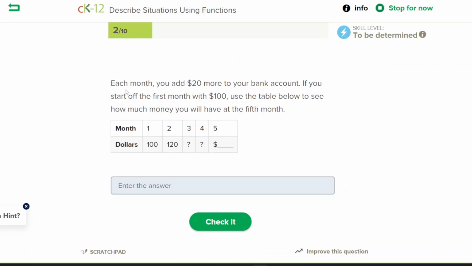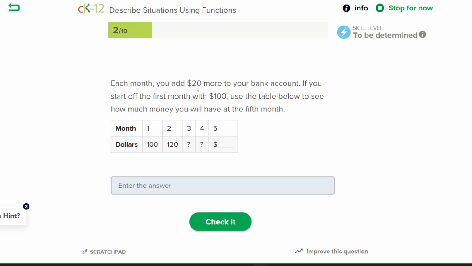Okay, so here's another situation. Each month, you add $20 more to your bank account. If you start off the first month with $100, use the table below to see how much money you will have in the 5th month. Now we could easily just say, first month, $100, and then you add 20 each month.